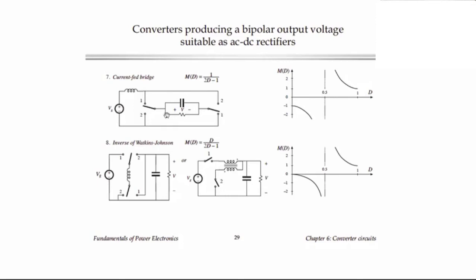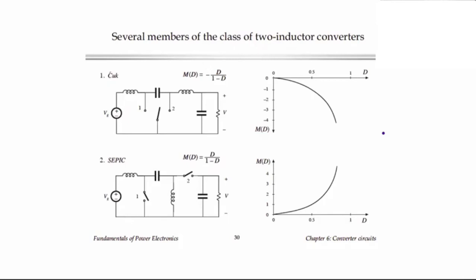And then the last one is what we get with the inversion of source and load with the Watkins Johnson converter, and its conversion ratio is the inverse, which also goes to infinity at D equals a half. So those are all the converters that are possible if you only have one inductor and you have two switching intervals.